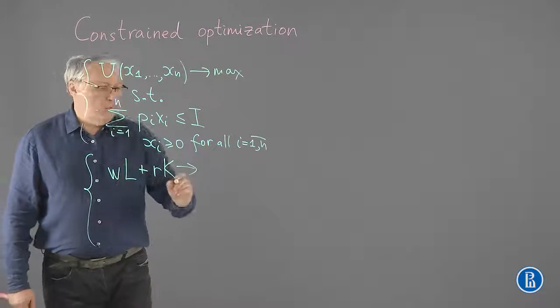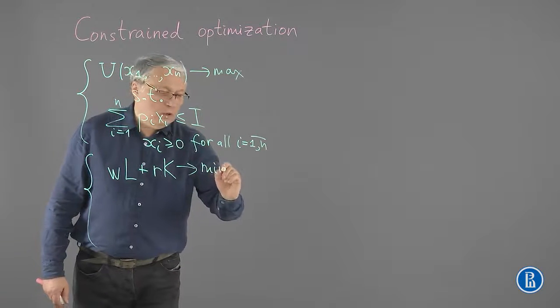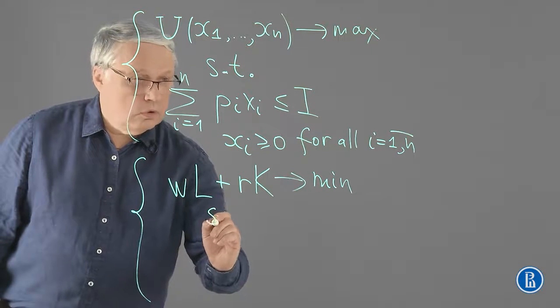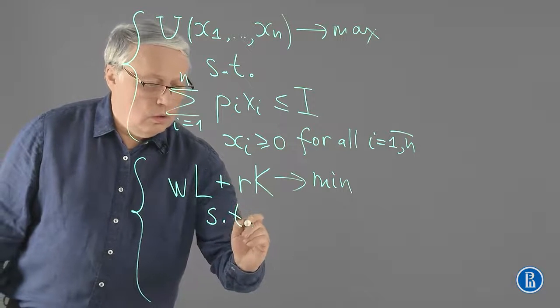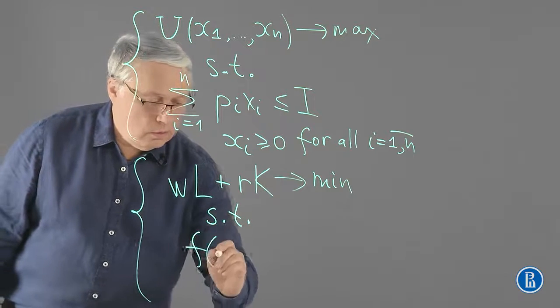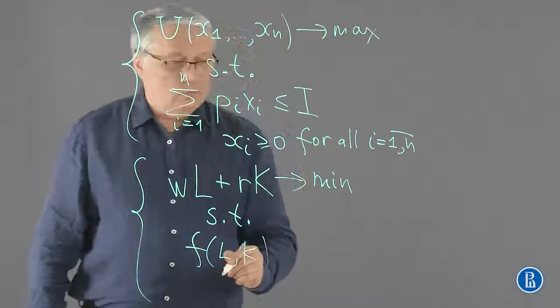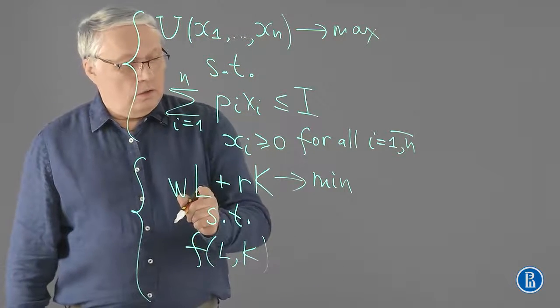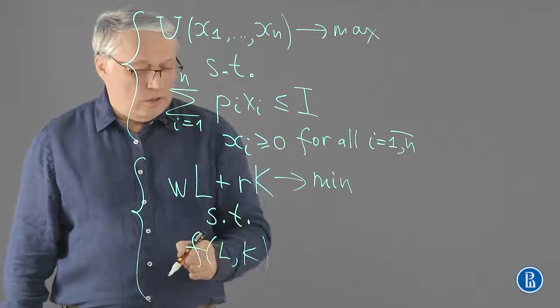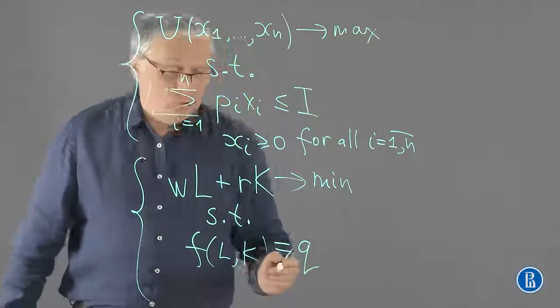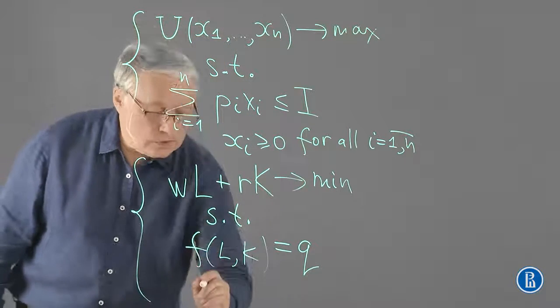This amount should be minimized subject to the production function. So the cost should be minimized, but the output should be equal to Q. And also non-negativity constraints for the factors.